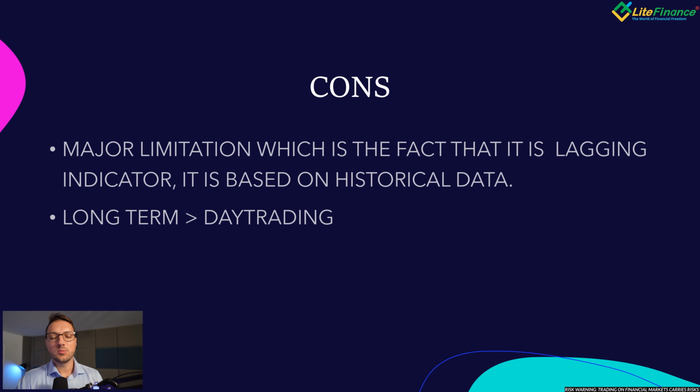Therefore, how to eliminate them is to use them for long-term and mid-term trading, as I marked over here, that long term is better usage compared to day trading with this indicator. But as you saw, it also can be used in day trading, and if you dig down how to better use it and how to spot the false signals, therefore it could be a very good indicator for your day trading strategy.